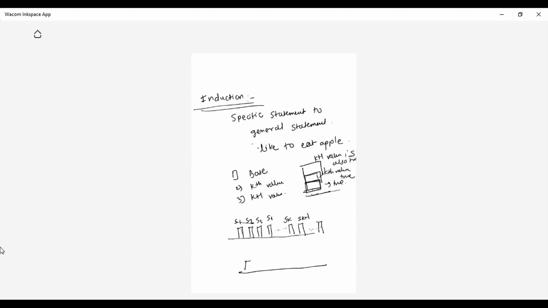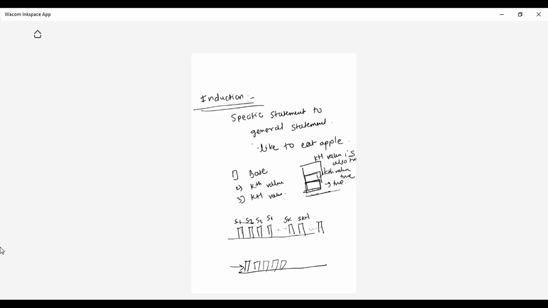Suppose I flick this first card, if I give some movement to this first card, what will happen, student? The rest of the cards will fall, right? If I flick this first card, the rest of the cards are going to fall.